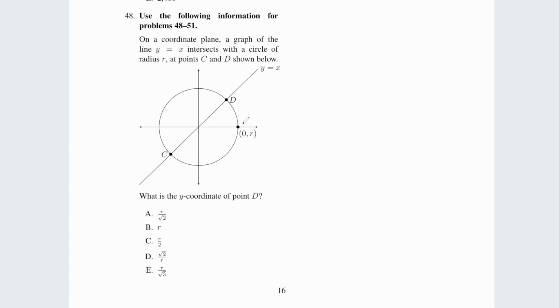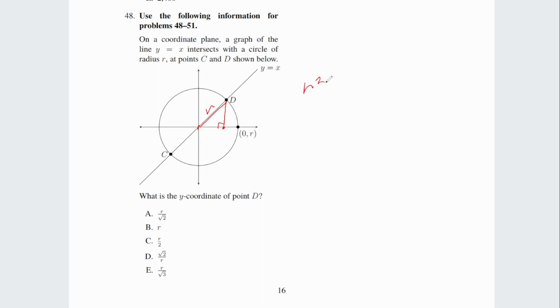And the total length from the origin to D is going to equal r. Which means that we have a right triangle, actually an isosceles triangle with two legs of the same length.